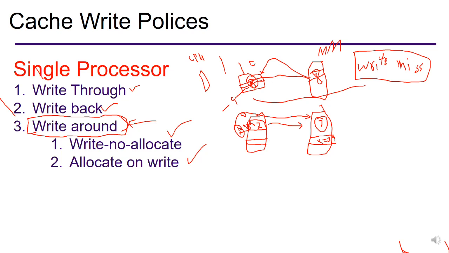So in such a case, the value will be directly written to the main memory. So the CPU wants to write x is equal to 3 to line number 9 or block number 9. There are two possibilities. First, the CPU writes in the main memory and the value is copied to the cache, x is equal to 3 here.